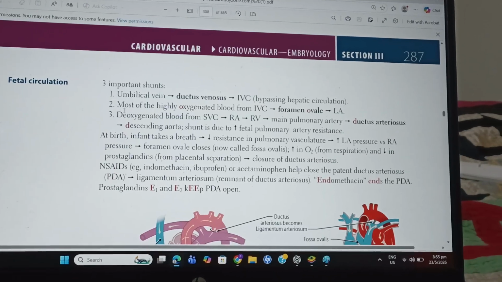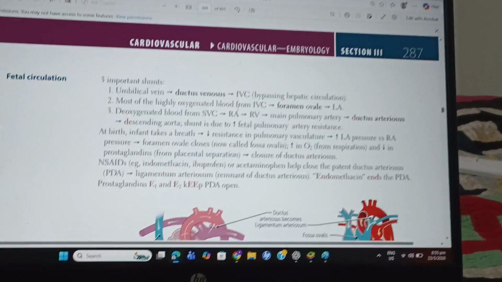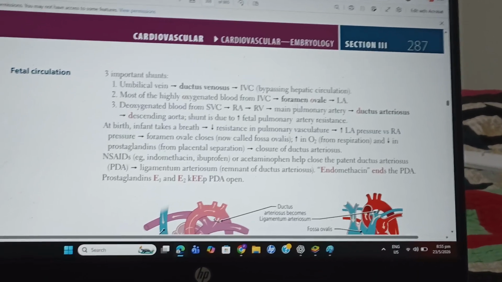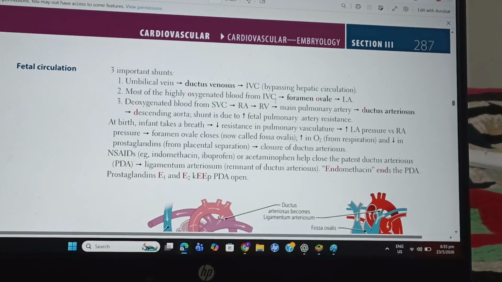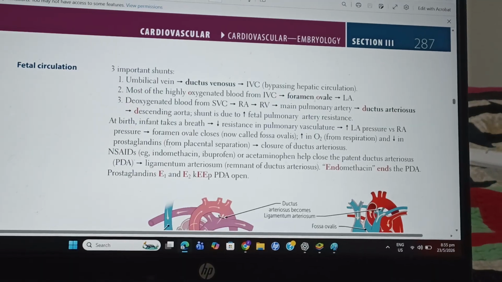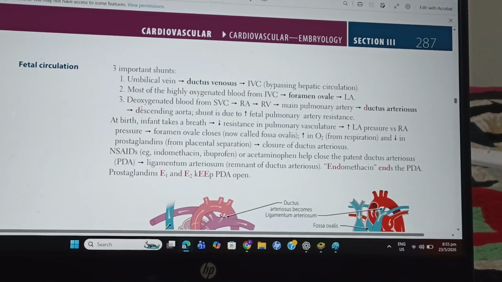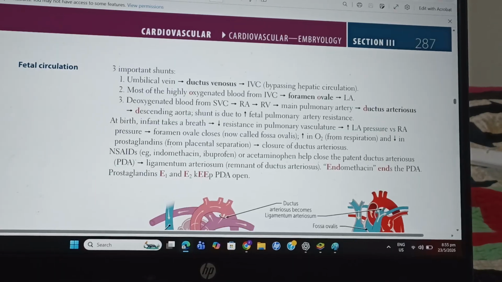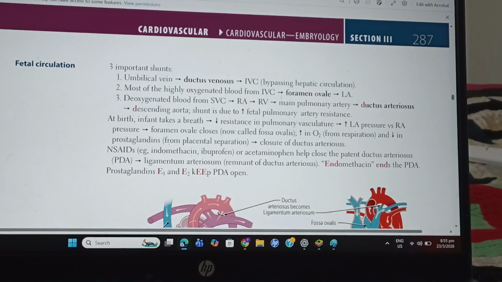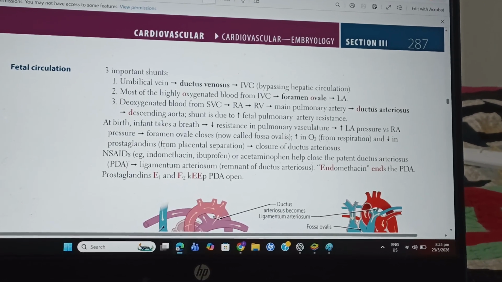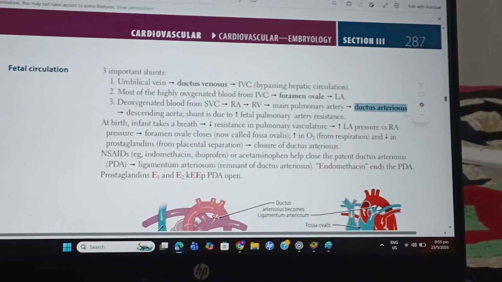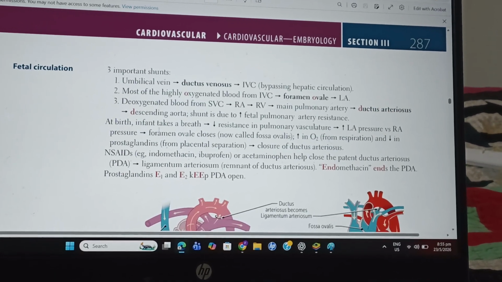The second point says that most of the highly oxygenated blood from the inferior vena cava goes to the left atrium by the foramen ovale. And the third point says that deoxygenated blood from the superior vena cava goes to the right atrium and then the right ventricle, pulmonary artery, and then it goes to the ductus arteriosus, because the ductus arteriosus helps to connect the pulmonary artery and the aorta.